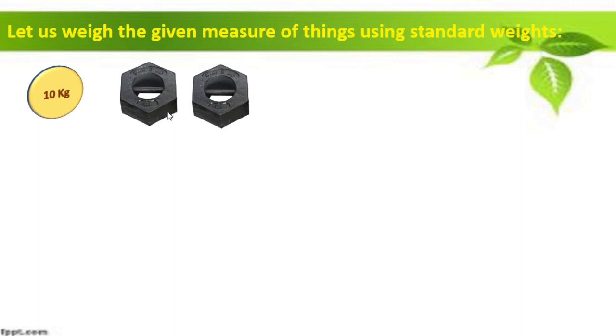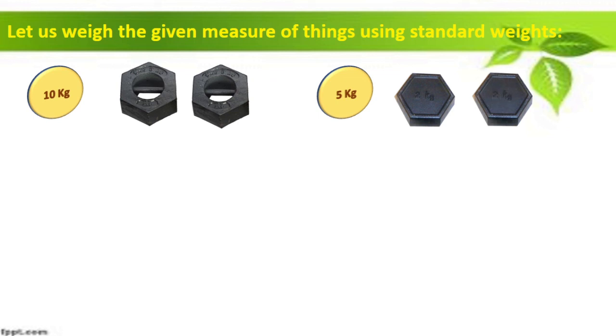Two times when we weigh 5 kg, that equals 10 kg. Next one, we want to weigh 5 kg and we don't have a 5 kg stone. Then we have 2 kg and 1 kg stones. Yes, very good. 2 kg, 2 times, and 1 kg. 2 plus 2 plus 1 together make 5 kgs.